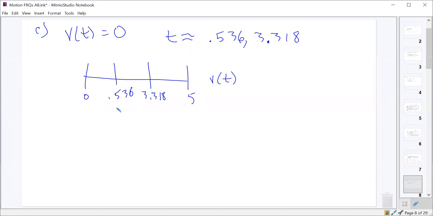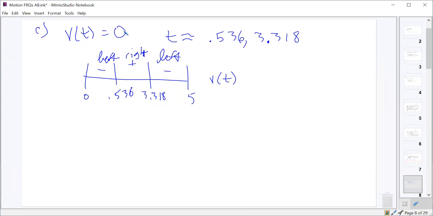But you'll find that v of t starts out negative, so moving to the left, becomes positive, so moving to the right, and then comes back to being negative, going back towards the left. And so you'd see that there's a sign change at 0.536 and a sign change at 3.318. And you could then say changes directions at those 2 values. Or you could just write out a sentence based on looking at the graph, and that would be fine too.